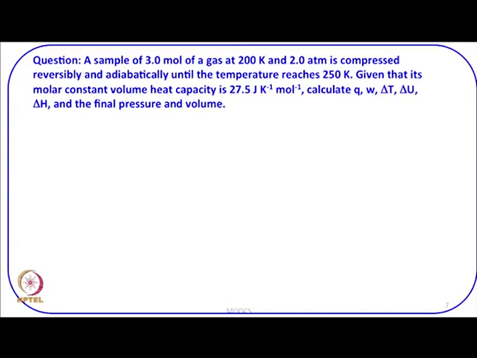Given that its molar constant volume heat capacity is 27.5 joules per Kelvin per mole, calculate Q, W, delta T, delta U, delta H and the final pressure and volume. So, many quantities need to be calculated.